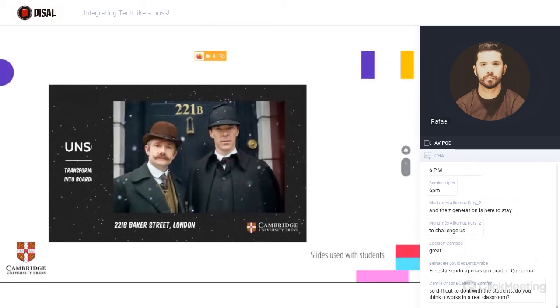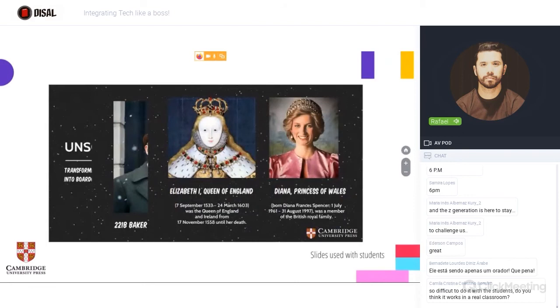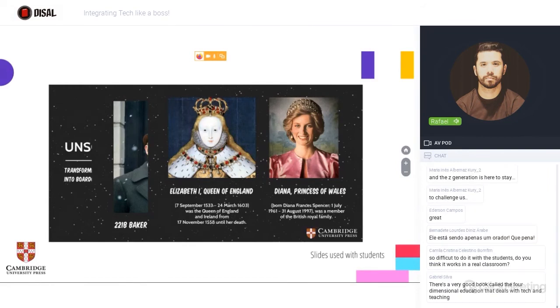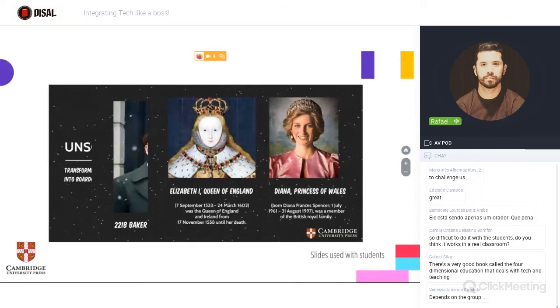And my third slide, which is the one that I like the best, actually. I presented them real stories and introduced the mystery that surrounded these stories. So the first story was focused on Queen Elizabeth I, the Queen of England, and the second one was related to something in the story of Diana, the Princess of Wales, you know?